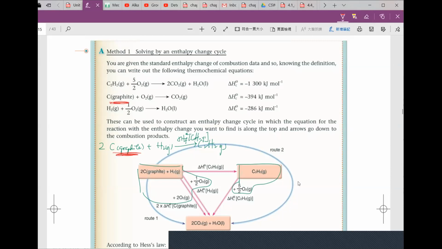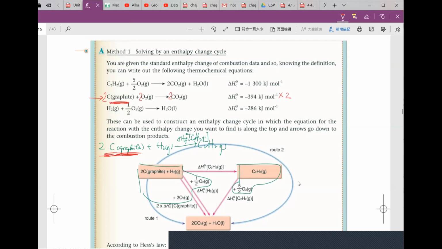So you may write this like this, but because you find it as 2 carbon, you need to put a 2 here. 2 and 2. What happens to that data? It will become 2. Do you understand? By doing so, you may get this together.